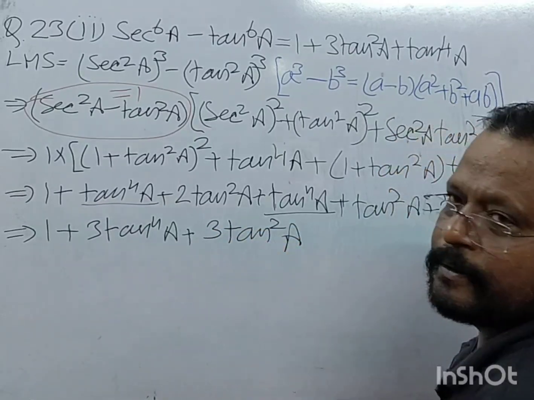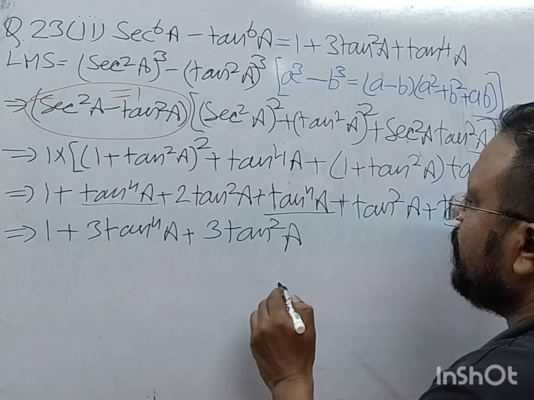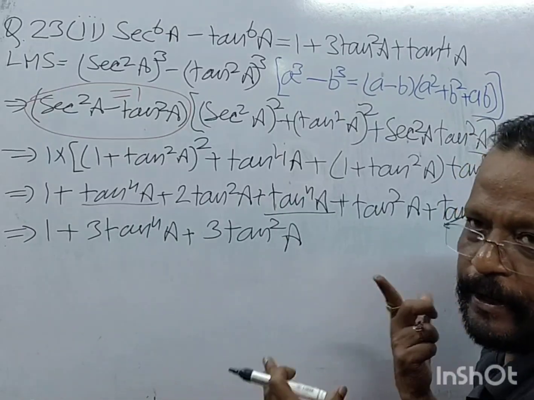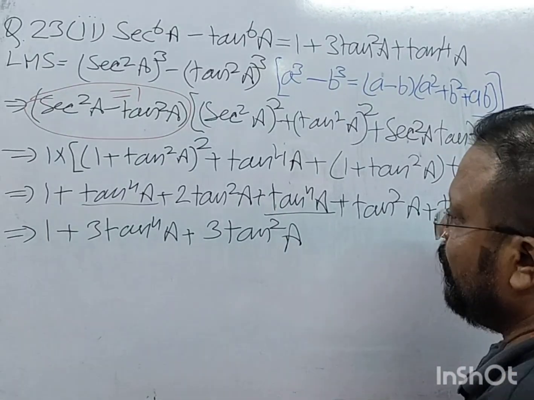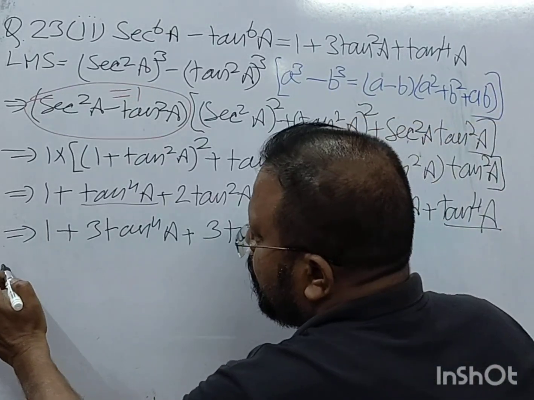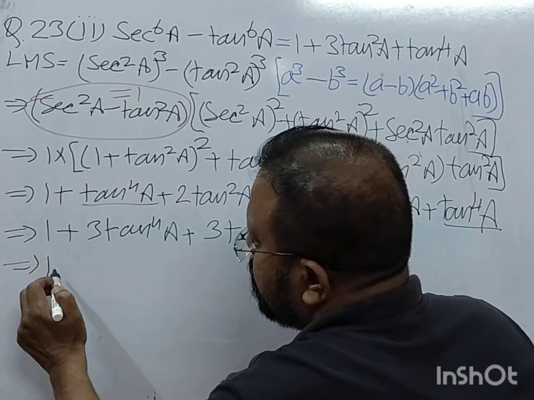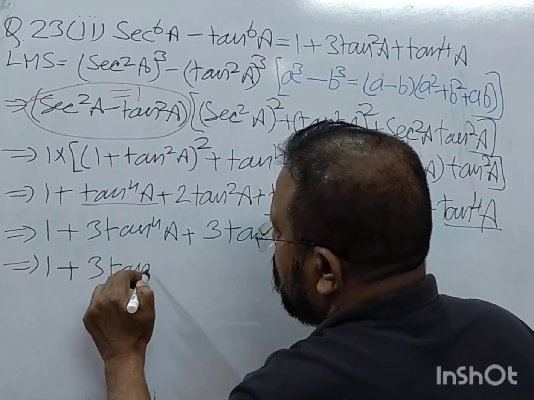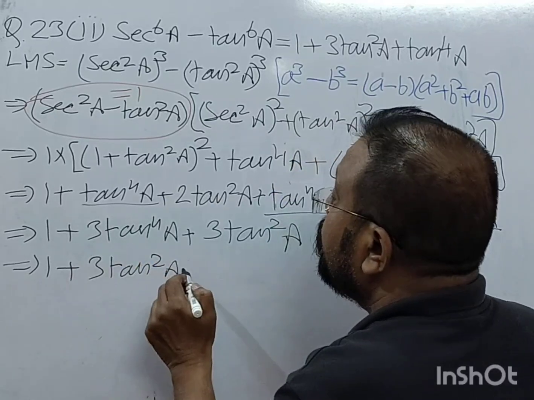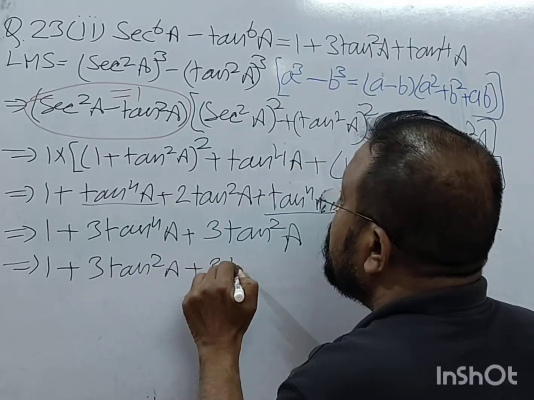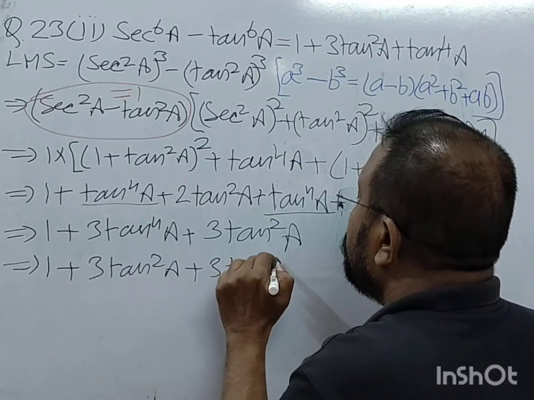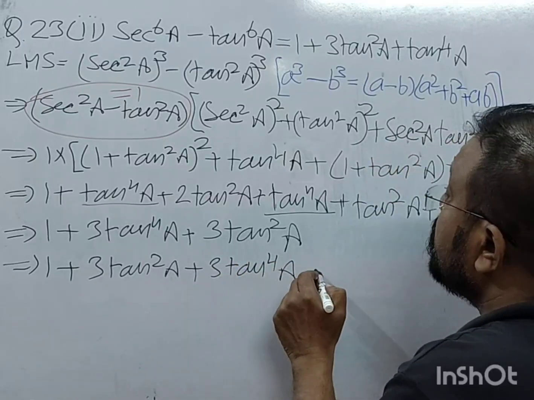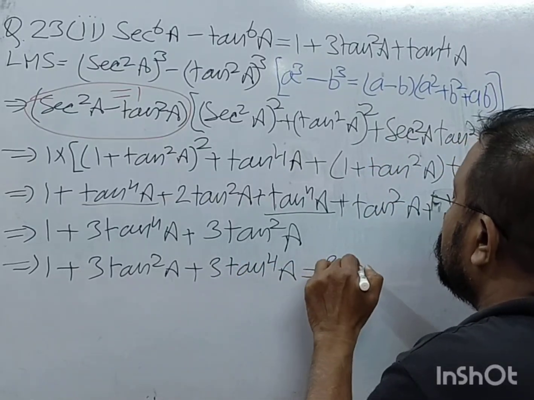You can write it in ascending order: 1 plus 3 tan square a plus 3 tan raised to the power 4a is equal to RHS.